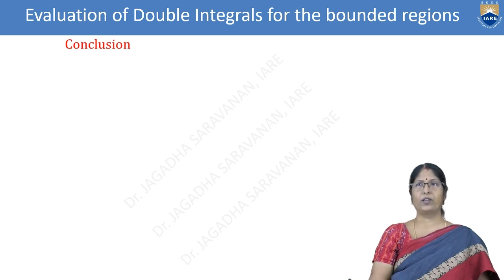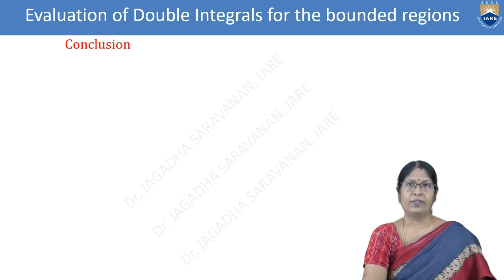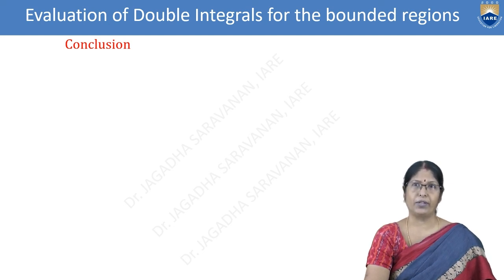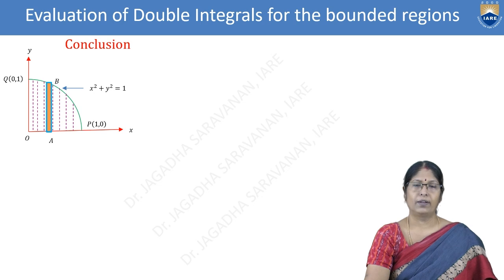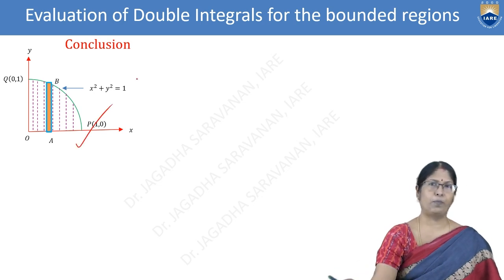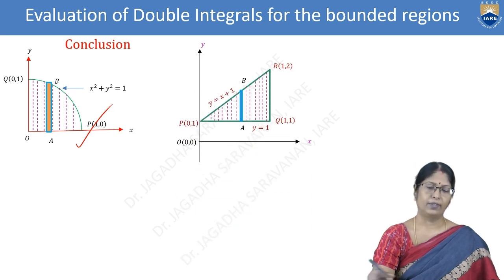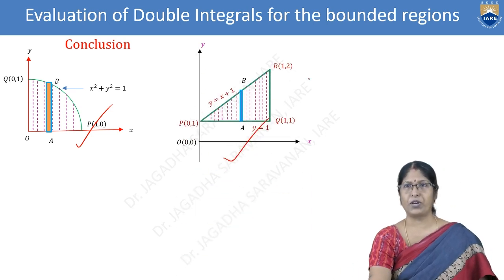We will come to a conclusion of this video lecture, the topic evaluation of double integrals for bounded regions. The first problem was in Cartesian form, and the second one was also in Cartesian form.